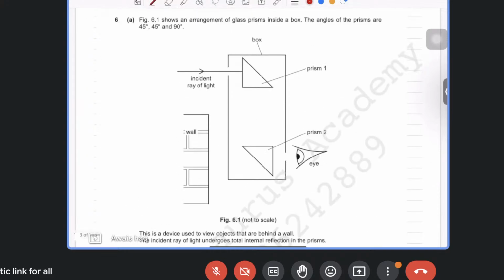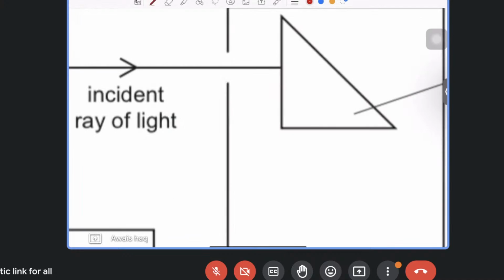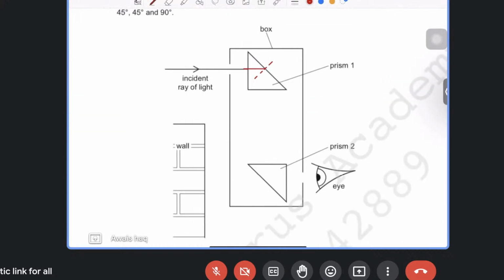So you continue with the ruler, you go straight, and then from there you make a normal line, and then at the same angle you reflect it back to the other periscope like this, and then you make the next normal line here, and then it is going to get totally reflected to the eye of the person like this. Okay, so that's how periscope works.